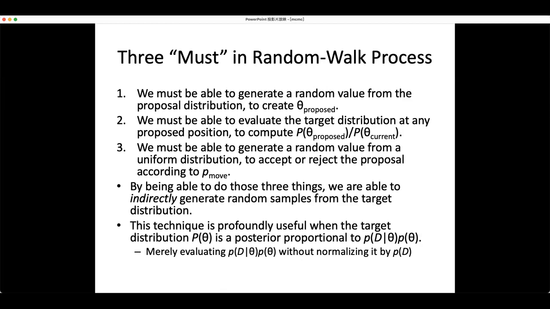This is normally never an issue. So by being able to do these three things, we are able to indirectly generate random samples from the target distribution, and this random walk technique is very, very useful when the target distribution P of theta is a posterior proportional to P of D given theta times P of theta.